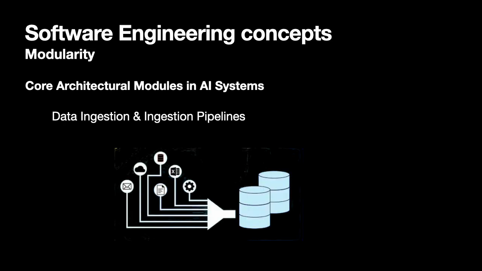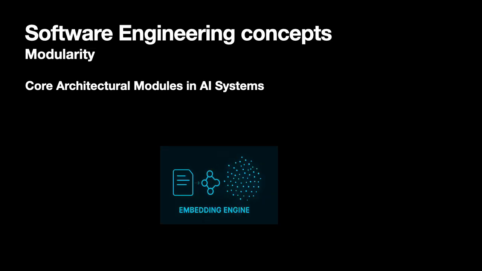Data ingestion pipelines have the responsibility of extracting, cleaning, and chunking raw data. They use as input unstructured or structured raw data, and provide as output clean document or chunk objects. Embedding engine's responsibility is to convert text and media into vector representations.